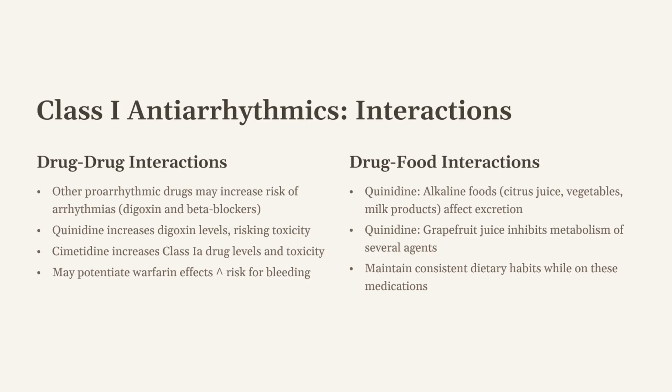Okay. Cimetidine, which is an H2 blocker given for acid reflux, can cause a risk for toxicity. And these can increase the desired effect of warfarin, which can increase the risk for bleeding. Okay.